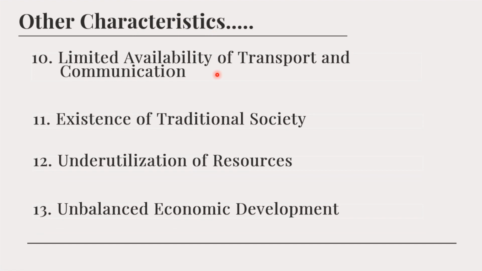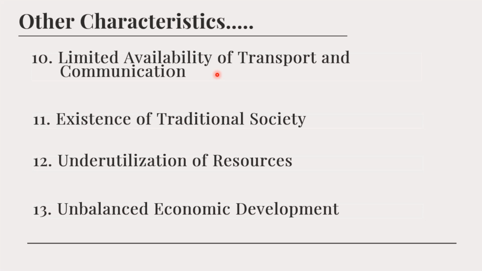Therefore, the availability of transportation is limited, and communication facilities are also limited, because in most of the rural area we still face issues and problems of networking. In most of the places we are unable to get access to the internet or to mobile networks.